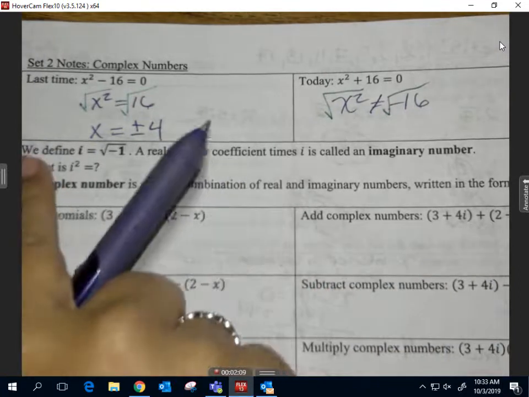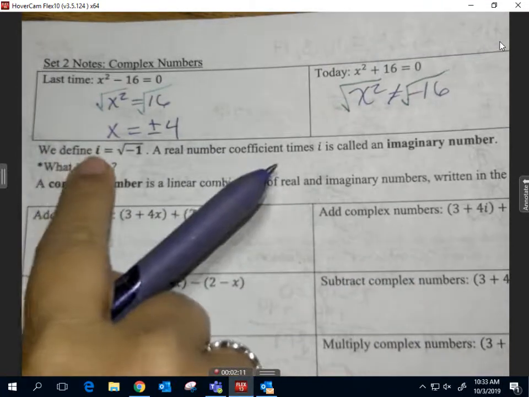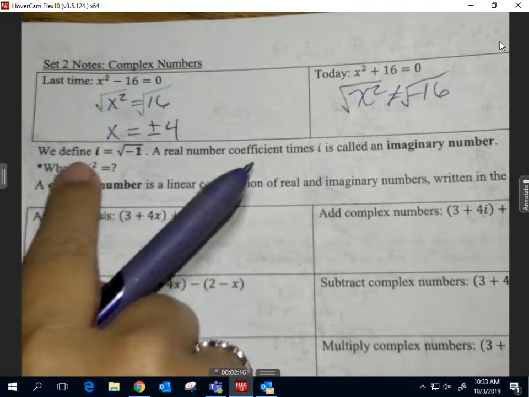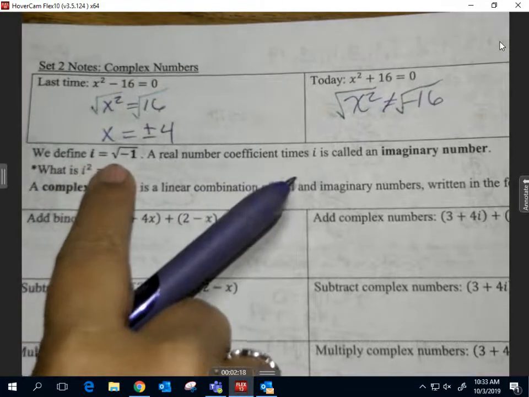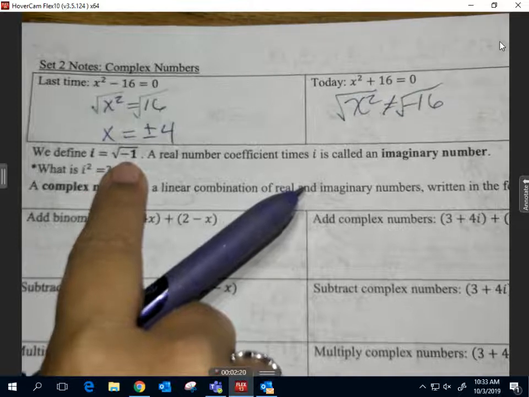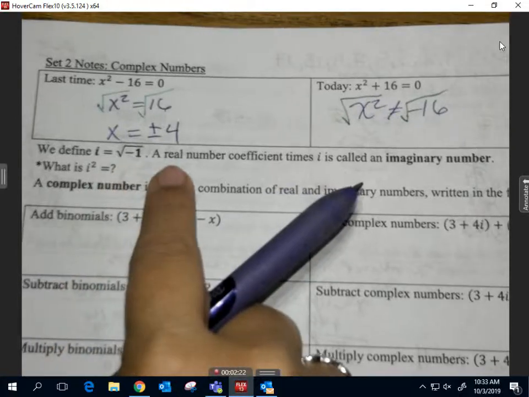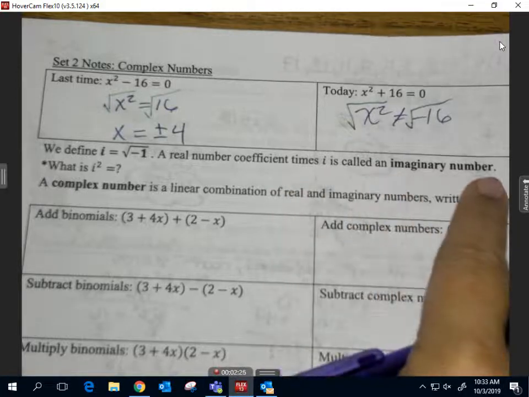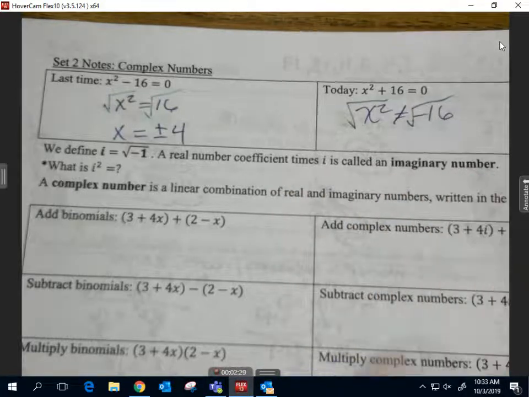So here we go. We're going to be using this italic i. We define i as equaling the square root of negative 1. A real number coefficient times i is called an imaginary number. Okay?